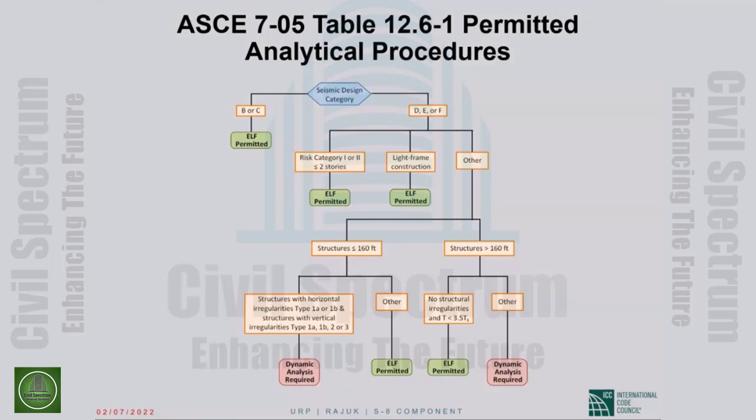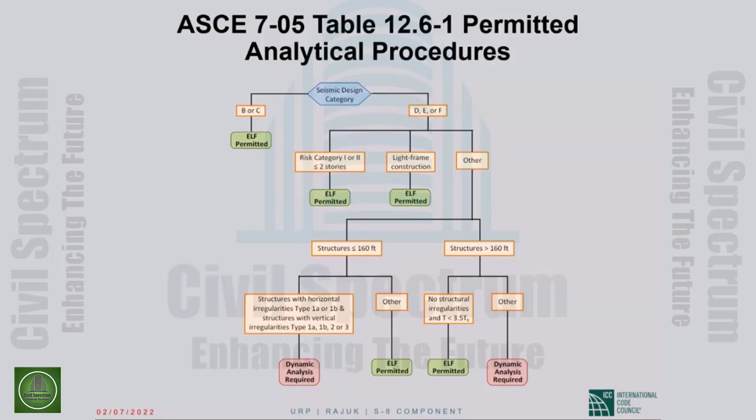Some of those irregularities I will call quote unquote bad irregularities. And if your structure that is no taller than 160 feet has any of those bad irregularities, then dynamic analysis would be required. What are the bad irregularities?